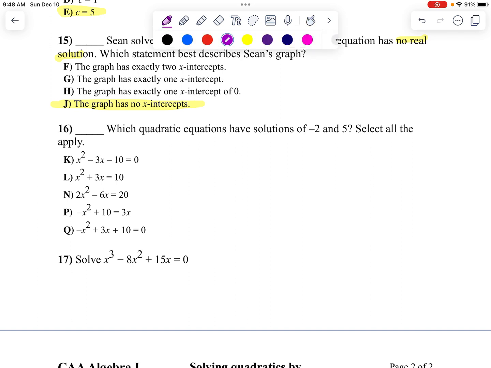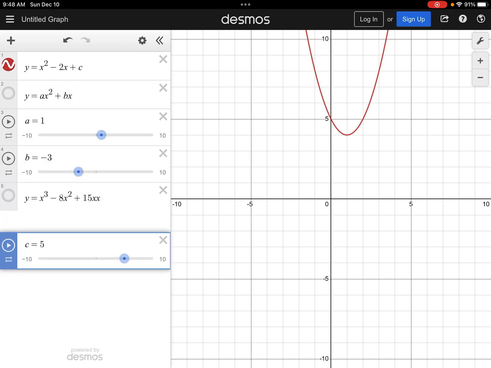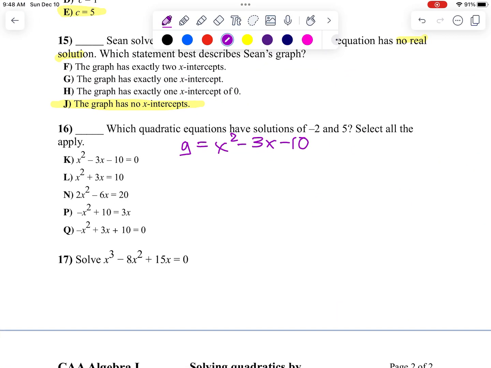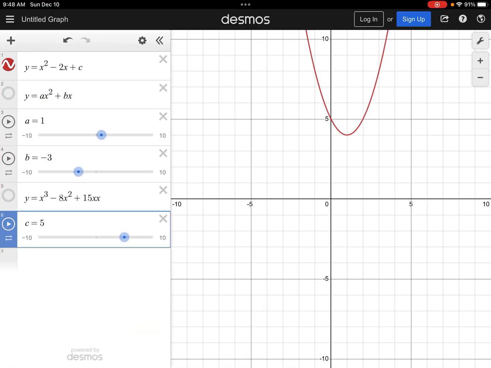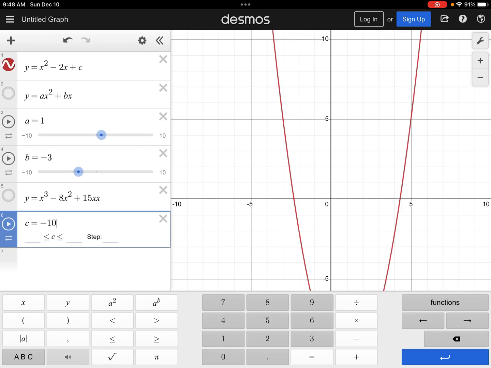And all I have to do is graph my related function for letter K. So I'm going to graph y equals x squared minus 3x minus 10. So I'm going to change my c value to -10.